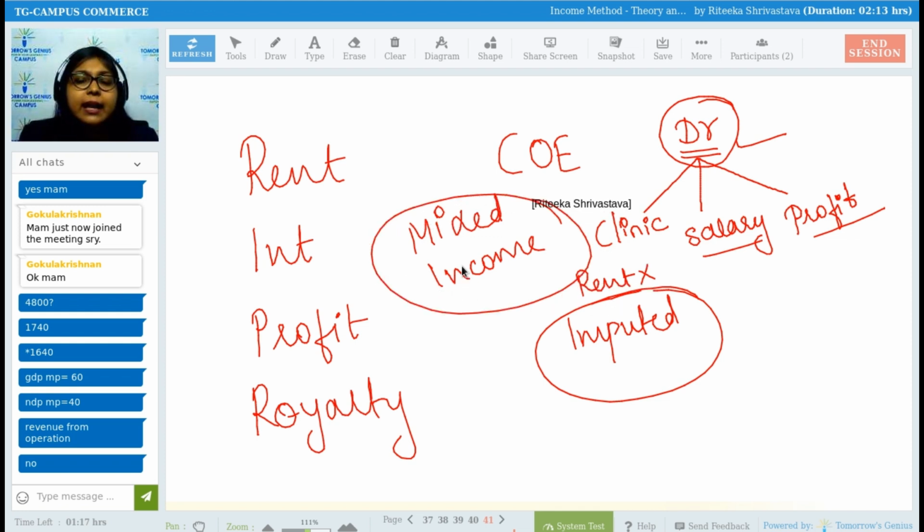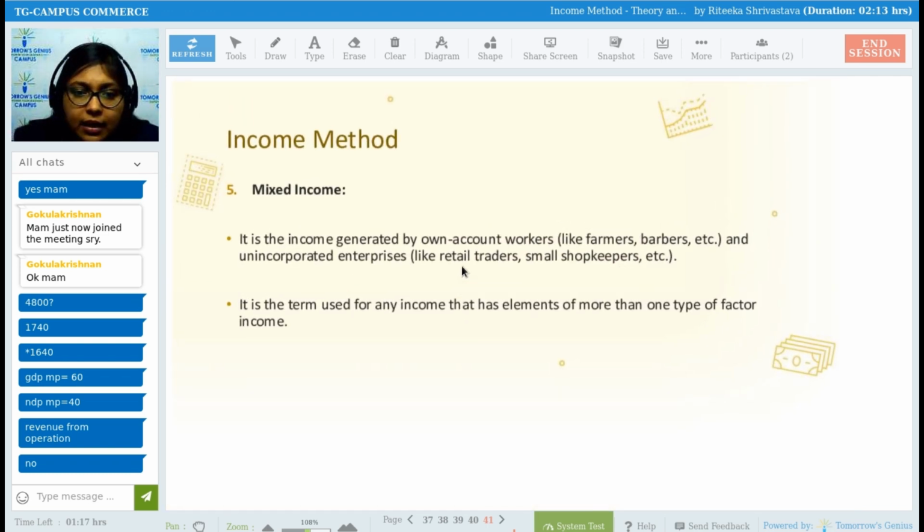Any individual who receives income in multiple forms will directly go to mixed income. So this is what is called mixed income.